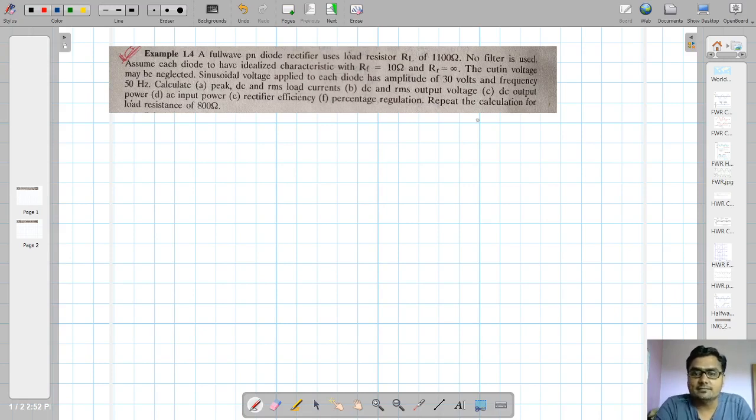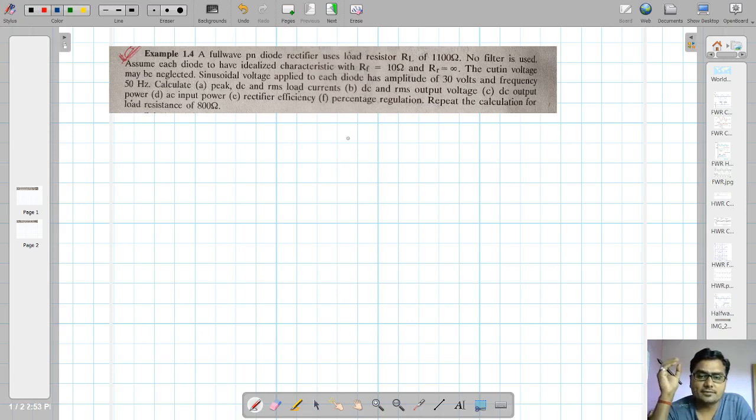From one of the textbooks, I have this problem. A full wave PN junction diode rectifier uses a load resistor RL equal to 1100 ohm. No filter is used. Assume each diode to have idealized characteristics with RF equal to 10 ohm.